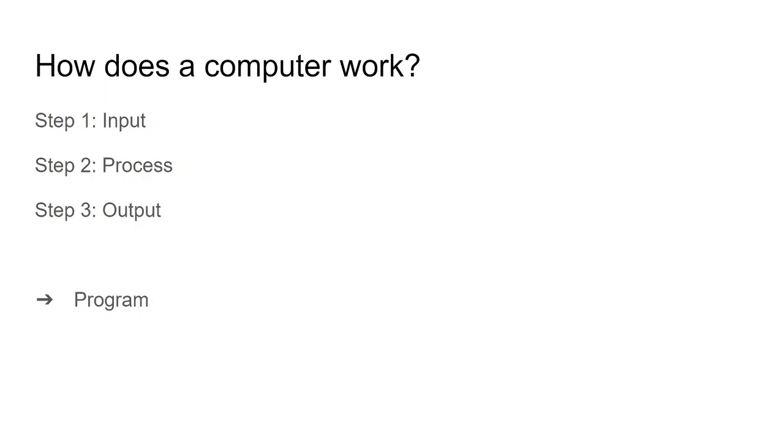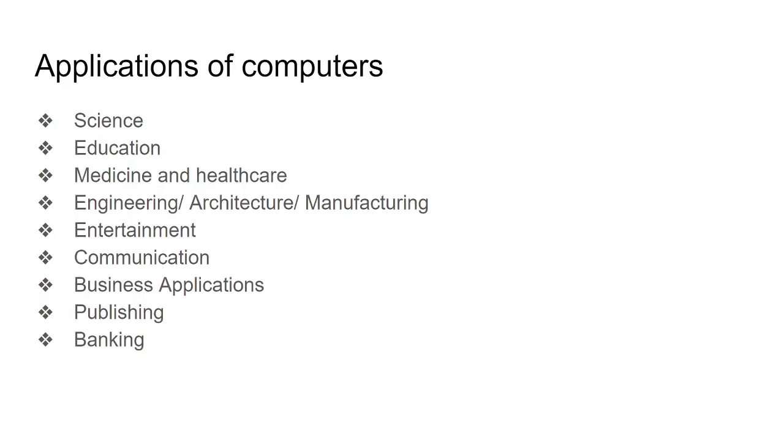Next is the application of computers. See, these things we know already. Where are the computers applied, or what is the application of computers? So first thing, let us see science.